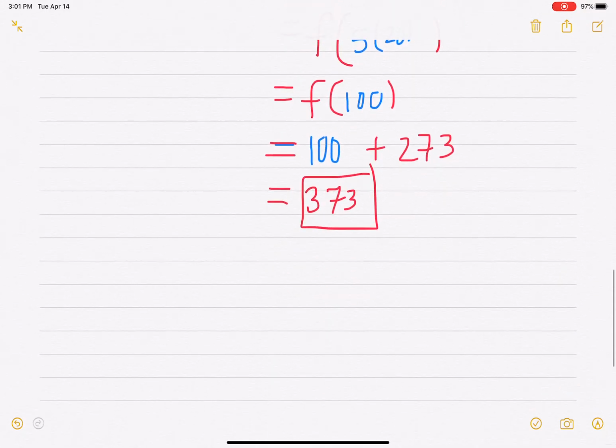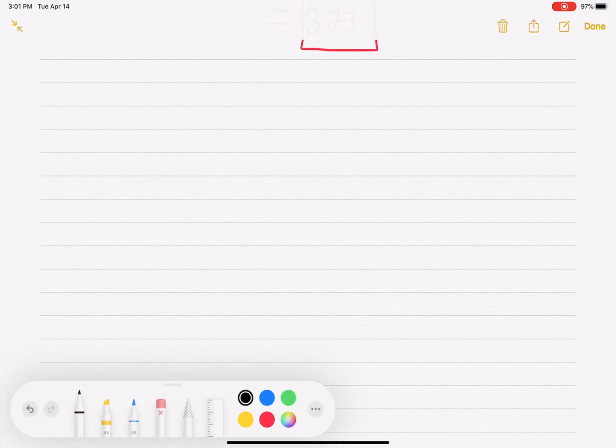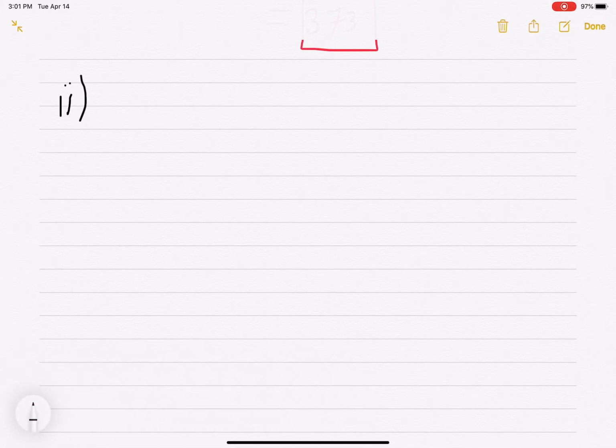Okay, let's do another one. Let's say I got F composed with G of 32. Right? 32.